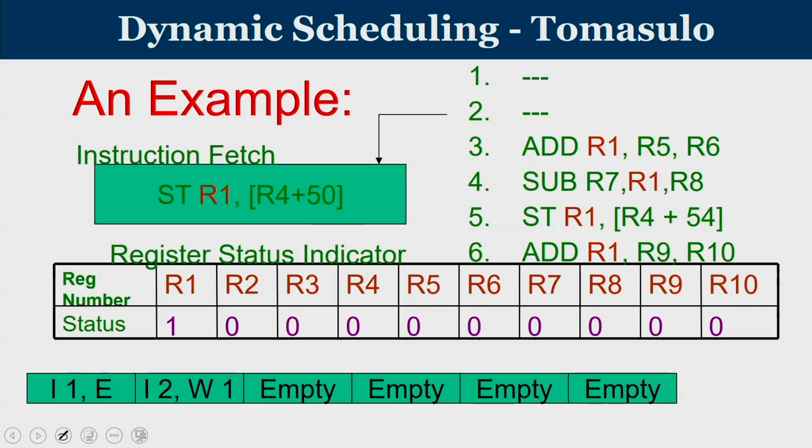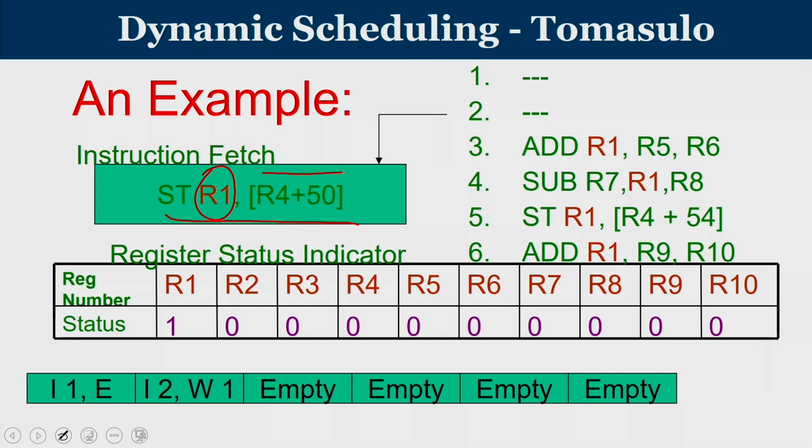Moving on to the next instruction, here I am going to perform a store where the source operand is R1. So the content of R1 has to be returned to a memory location whose address is computed by R4 and 50. Now we have to see that at this point the value of R1 is not available.